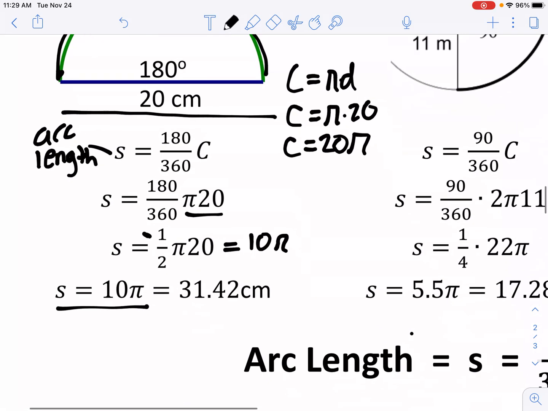Now, in your calculator, what you could do is you could take 10 times pi, okay? A lot of times in the calculator, you'd hit 10 times, then go to the shift key or second key, depending on your calculator, hit that shift or second key, and then find the pi symbol, multiply that, and that should tell you that we get about 31.42 centimeters, okay?